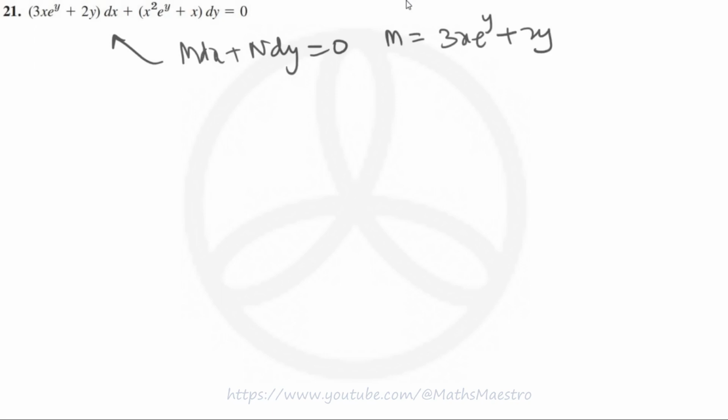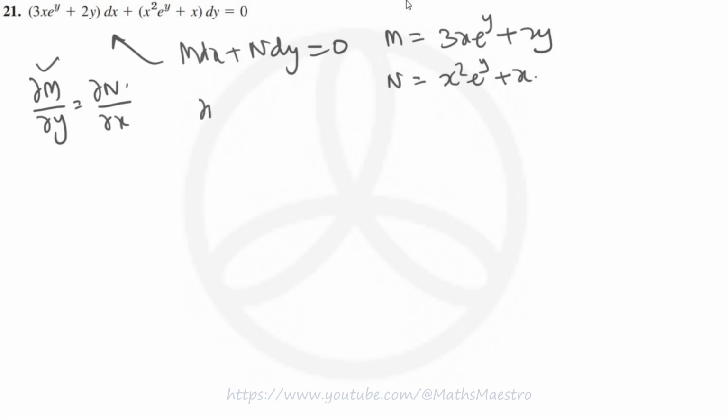If we compare this equation, we find that M is equal to 3x e to the power y plus 2y and N is equal to x square e to the power y plus x. Now, if it is exact, then delta M by delta y is equal to delta N by delta x will hold true.